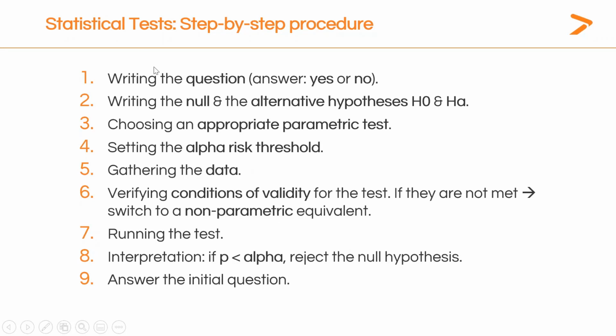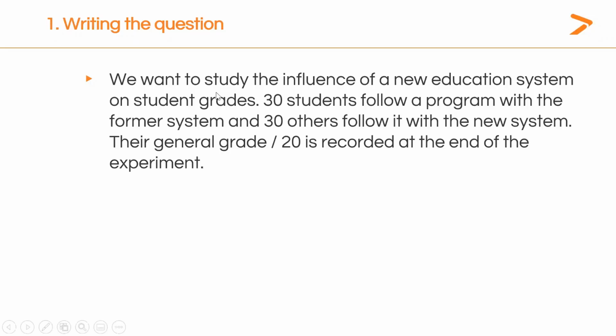We start with an example. Imagine we want to study the influence of a new education system on student grades. On one side, we have 30 students who follow a program with the former system. And on the other side, we have 30 other students who follow the education program with the new system. Then at the end, their general grade over 20 is recorded.